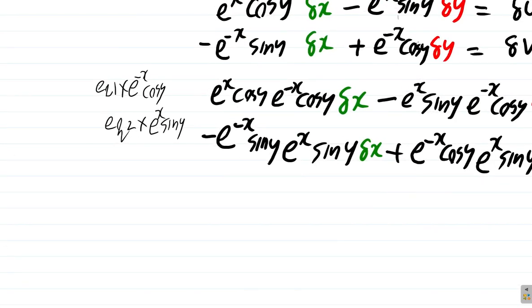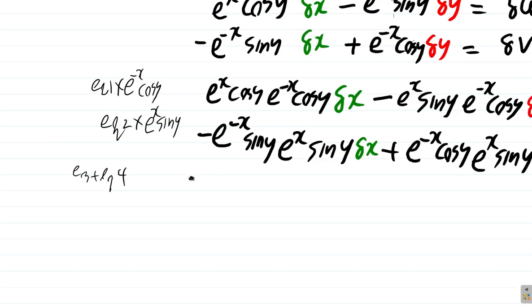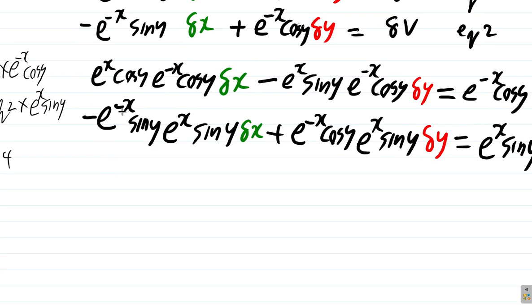And we say equation 3 plus equation 4. So what's going to happen here now? When we add them, we're going to have e to the x cos y.